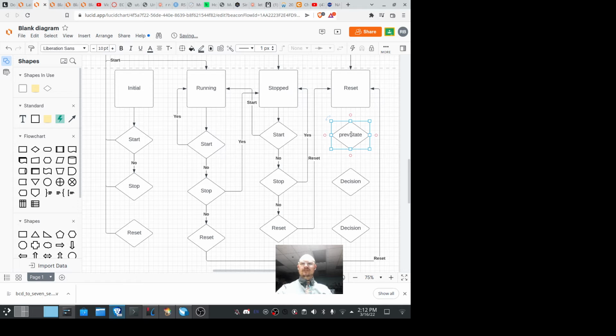So if prev state is equal to stopped, or if prev state is equal to running, or if prev state is equal to initial.